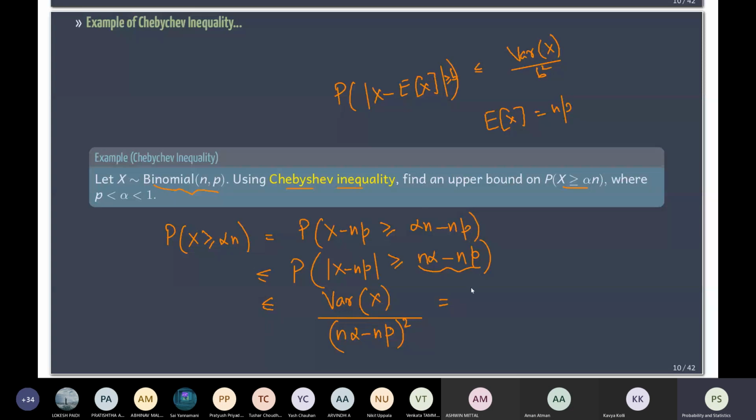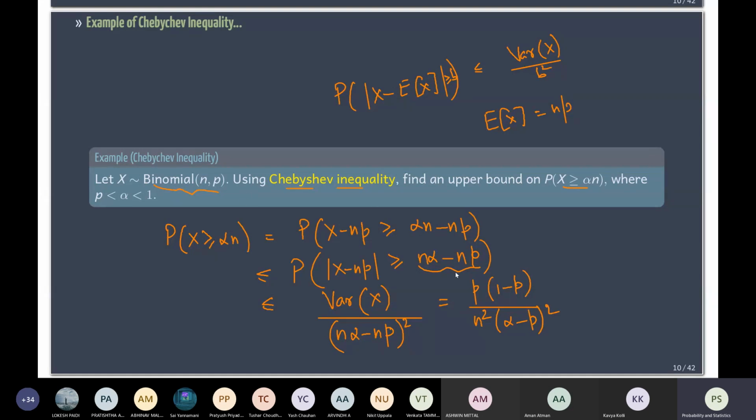So variance of the binomial was np(1 minus p), and n squared comes out, and alpha minus p squared, right?